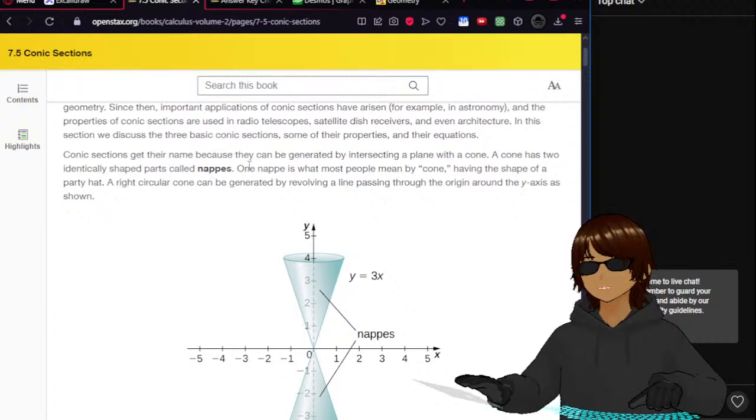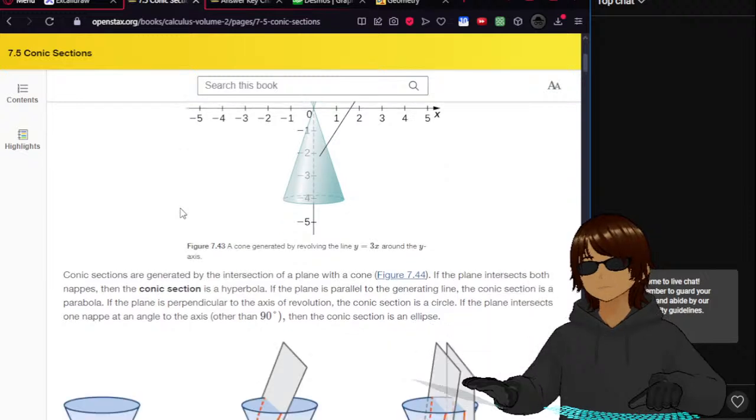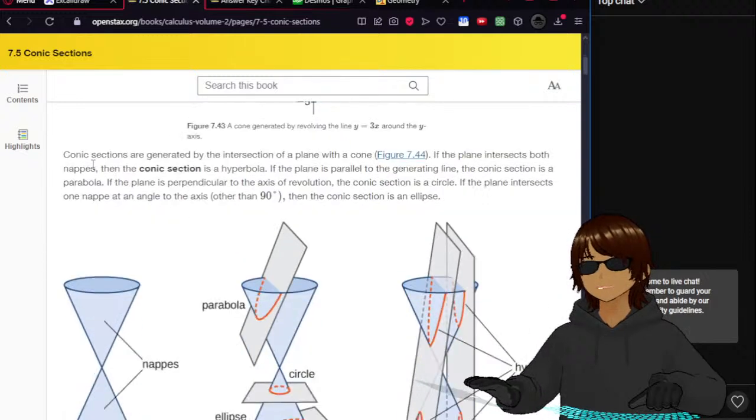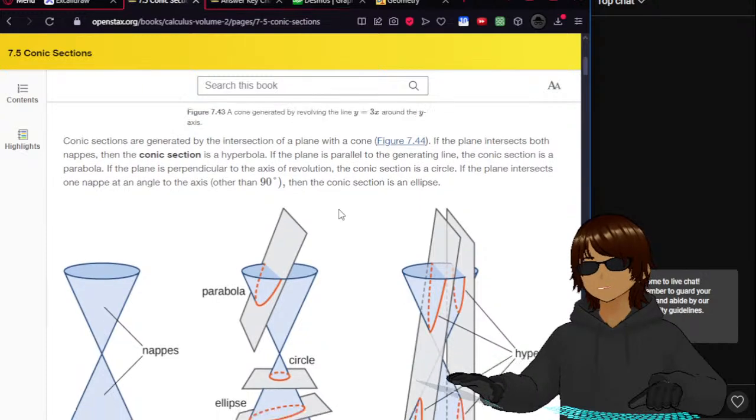I don't know how you pronounce it. One nappe is what most people mean by cone, having the shape of a party hat. A right circular cone can be generated by revolving a line passing through the origin around the y-axis as shown. Conic sections are generated by the intersection of a plane with a cone.